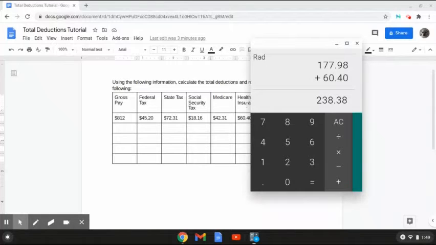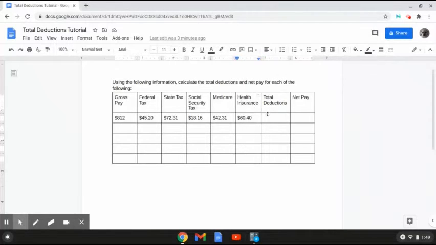All right, so that gives us our total deduction number to $238.38. So our total deductions for this first problem will be $238.38. And that is how to solve this problem. So let's move on to the next one.